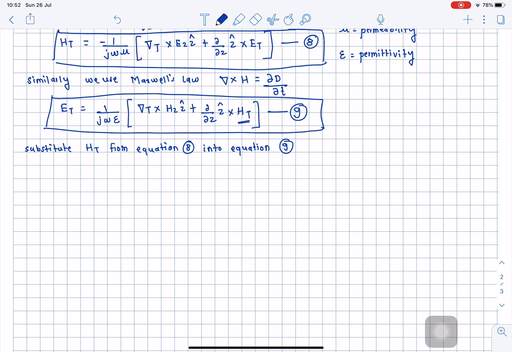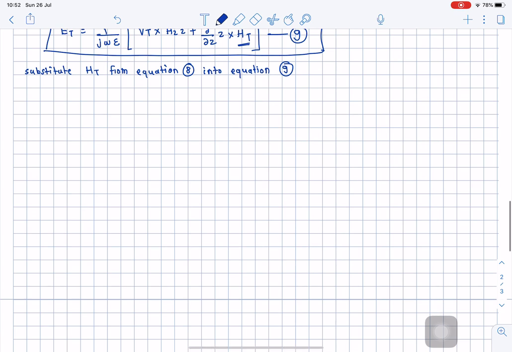So what will we get then? E of t is equal to 1 upon j omega epsilon into bracket del of t cross Hz z cap, plus del by del z of z cap cross Ht.